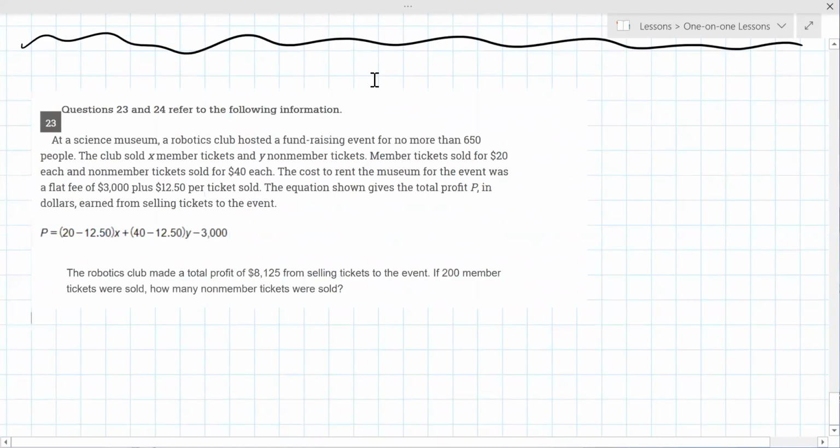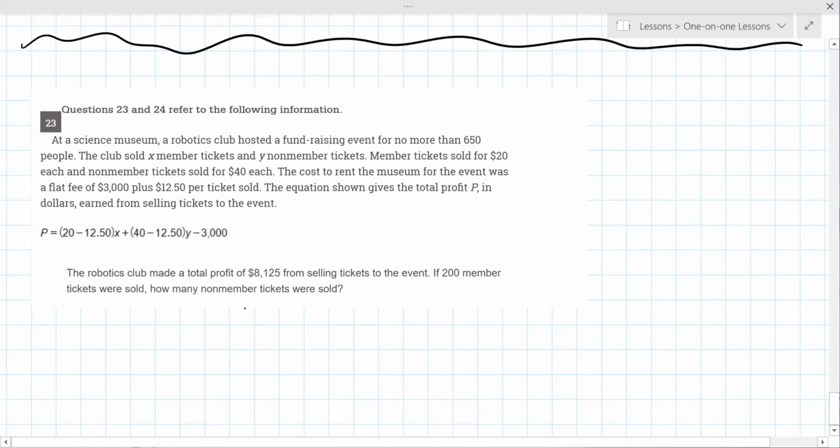So at a science museum, they host a fundraising event for no more than 650 people. All right, so let me just jump down to this. If 200 member tickets were sold, how many non-member tickets were sold?